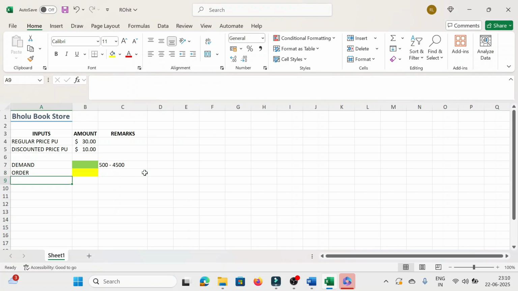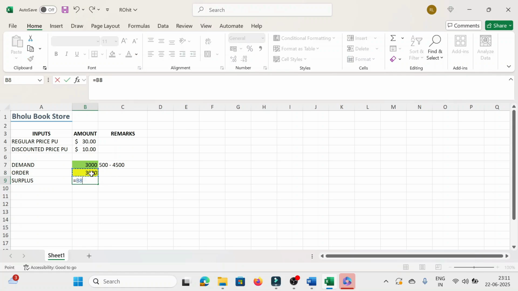Moving towards one more important thing, and that is surplus. First, a small example. If demand is 3000 units and as the Bholu Bookstore manager I would order 3000 units of books, then there is no surplus: order minus demand.